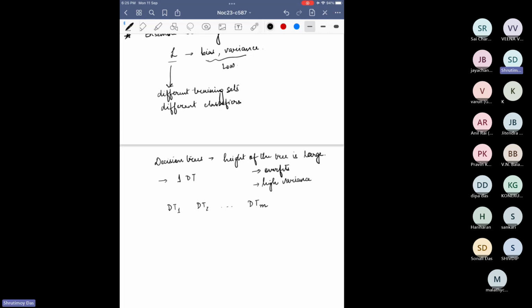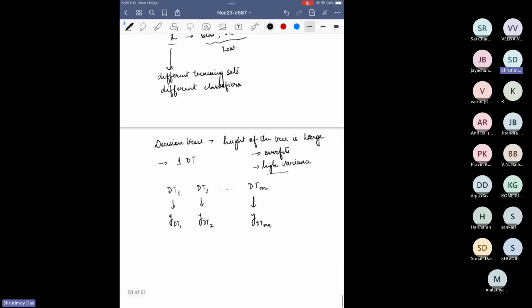They give us outputs y_dt1, y_dt2, and so on. Because each of these individually will overfit, instead of using only one of them, we take all m and a weighted average, so our final output is the sum for i equal to 1 to m of y_dti.